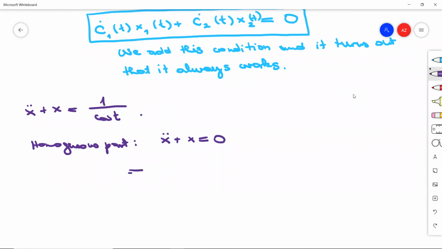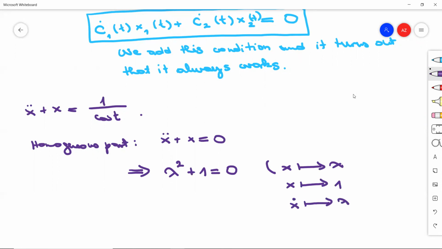And then the characteristic polynomial is lambda squared plus 1 is equal to 0. When you introduce the characteristic polynomial, don't make a mistake. You shouldn't plug x to be lambda, but x is in fact 1 and x prime is lambda. I made this mistake last time. You would shortly notice that it is a mistake, but yeah, x is in fact 1 and not lambda.